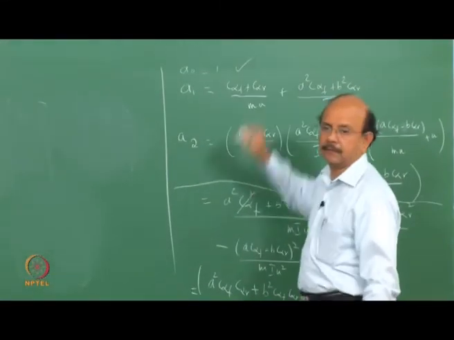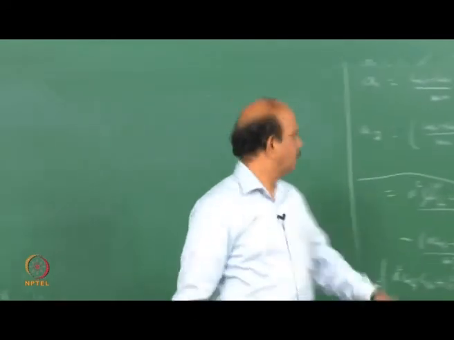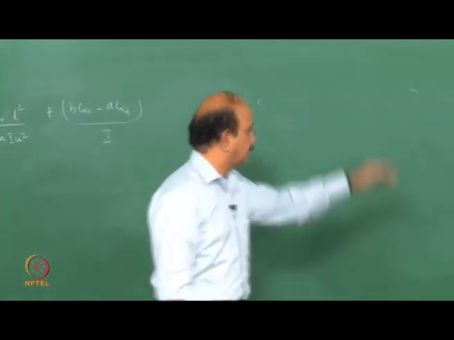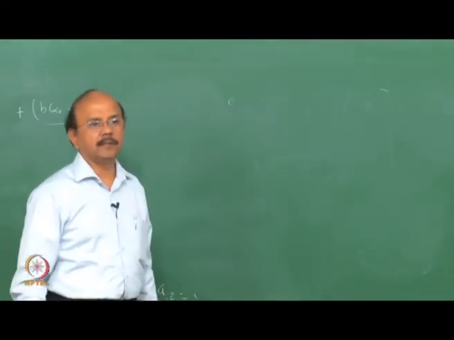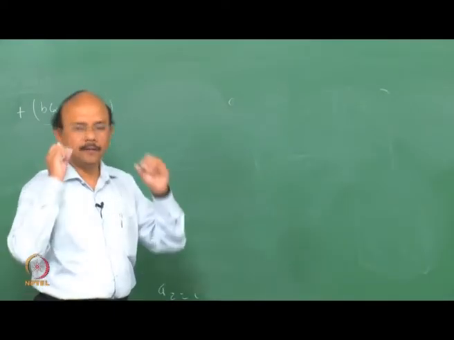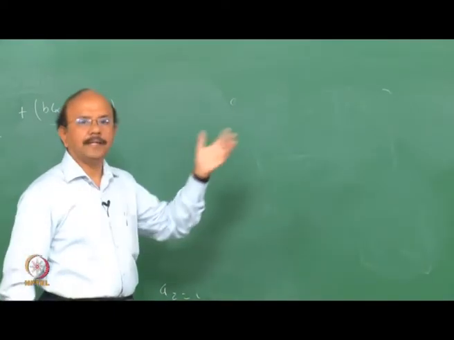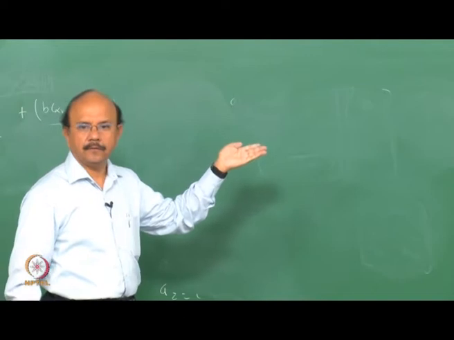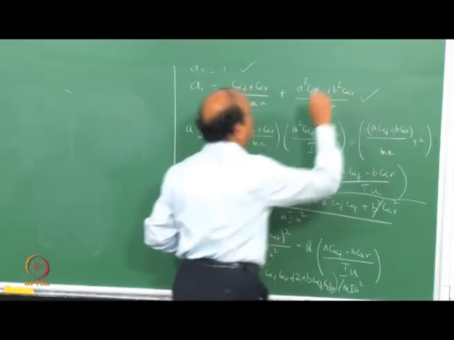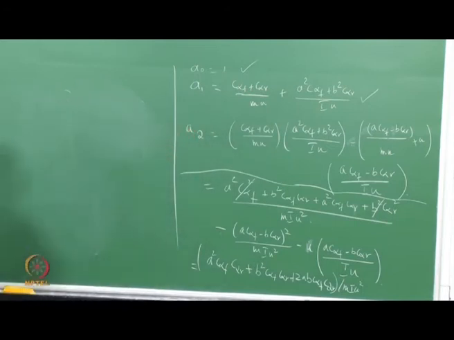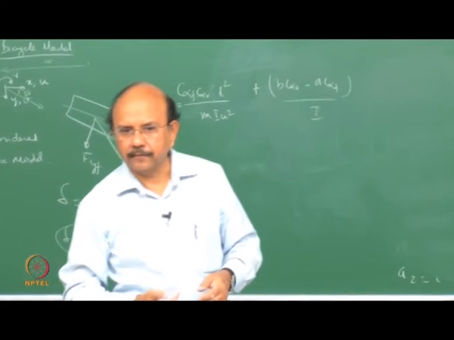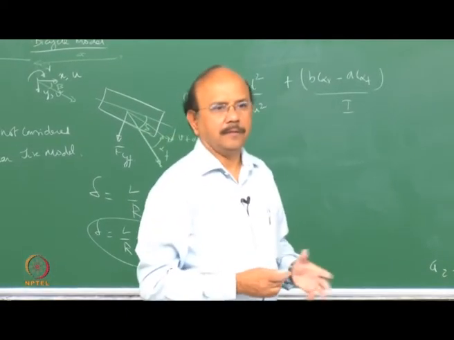Yes? The second coefficient, A1, look at that coefficient. Can that be negative? That can't be negative because C alpha F, C alpha R, mu, everything is positive, so that can't be negative. Right, fine.